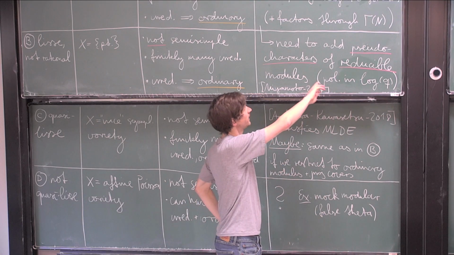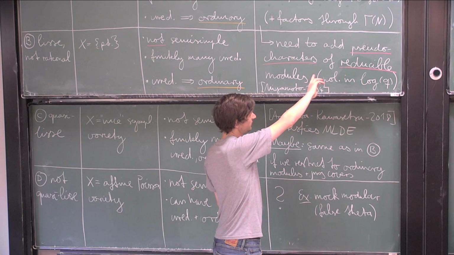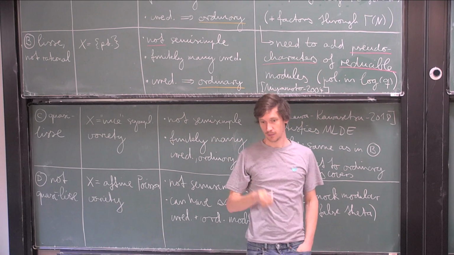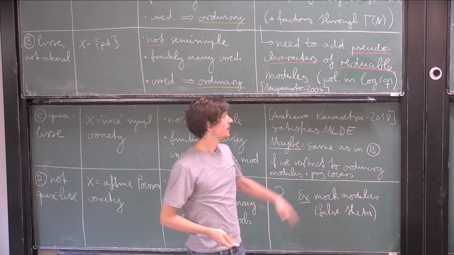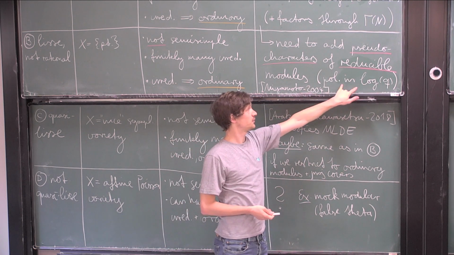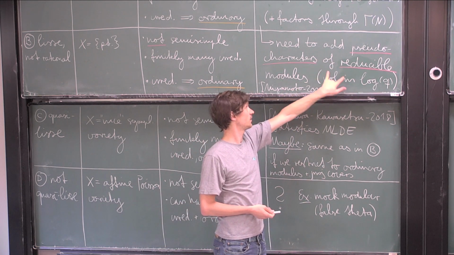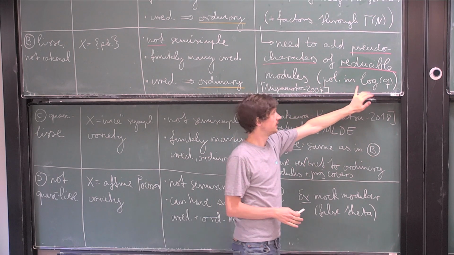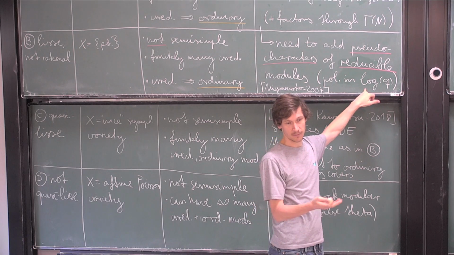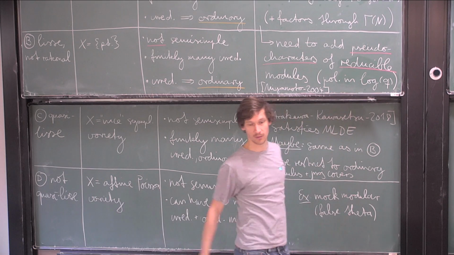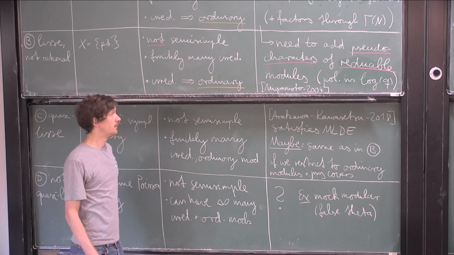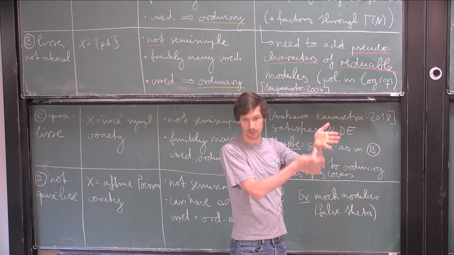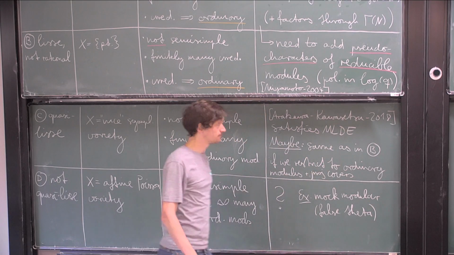And on these you can define pseudo-traces, and what happens now is these pseudo-traces can have positive powers of logarithms of Q. So the characters of these pseudo-traces on these reducible modules, finitely many again, will be polynomials in log Q with coefficients, again, holomorphic functions on the upper half plane. And collectively, again in a vector valued sense, under the Petersson slash operator of weight 0, they close under SL2Z, right?